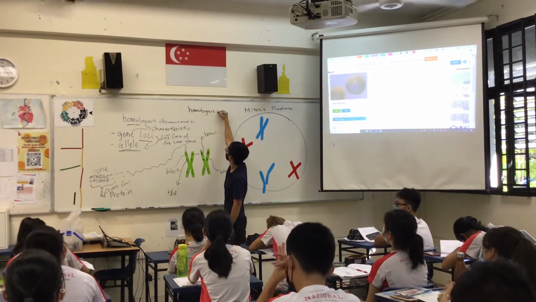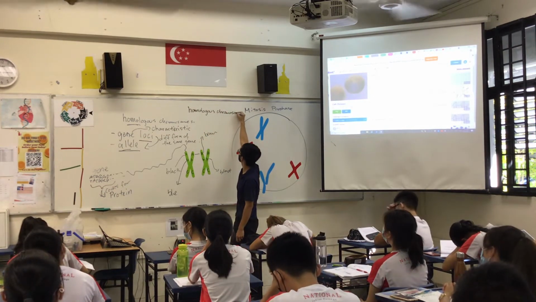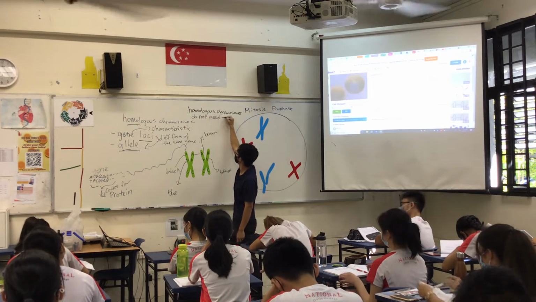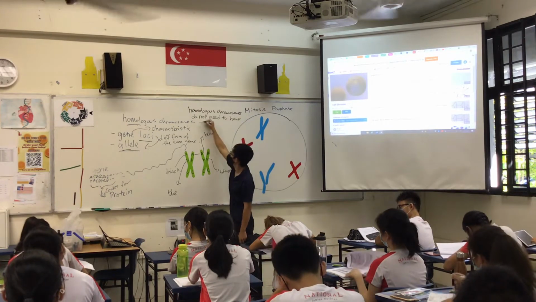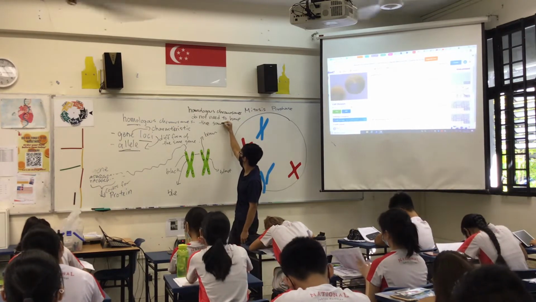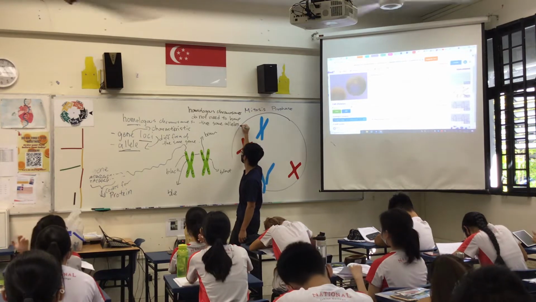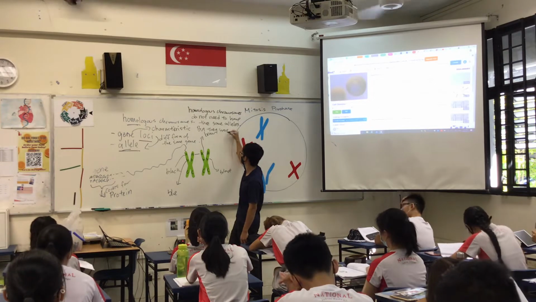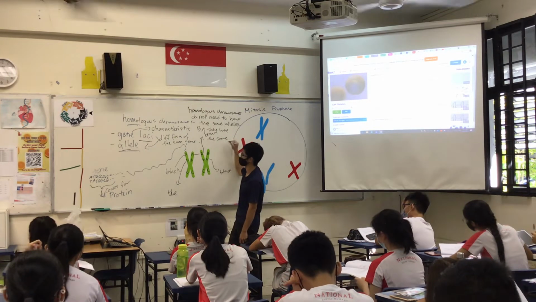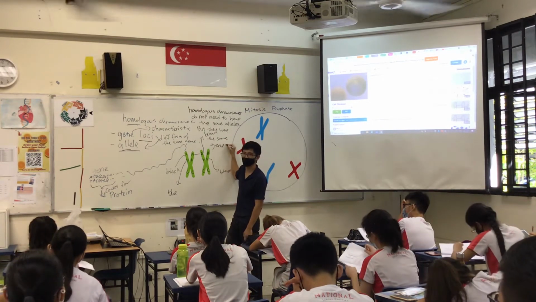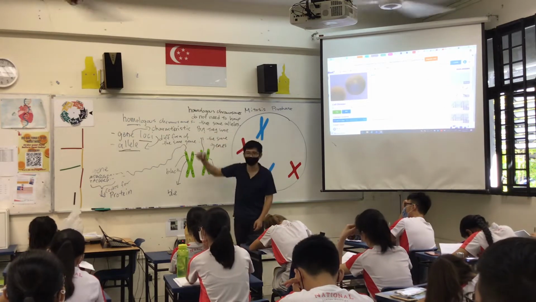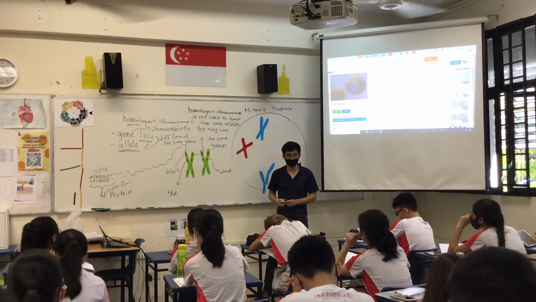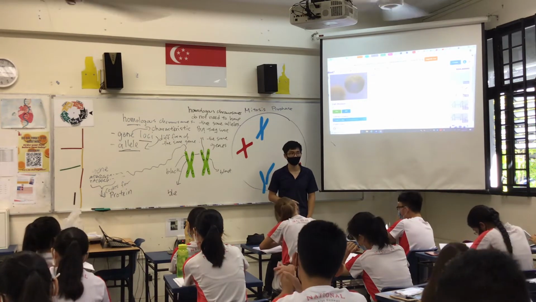Homologous chromosomes do not need to have the same alleles, but they have the same genes. Take a while to digest what I just wrote. They do not need to have the same alleles, but they need to have the same gene.